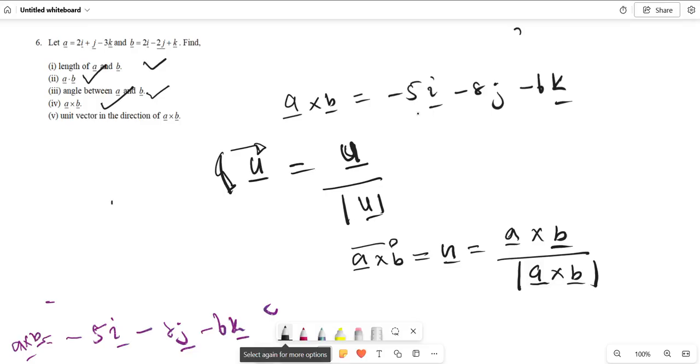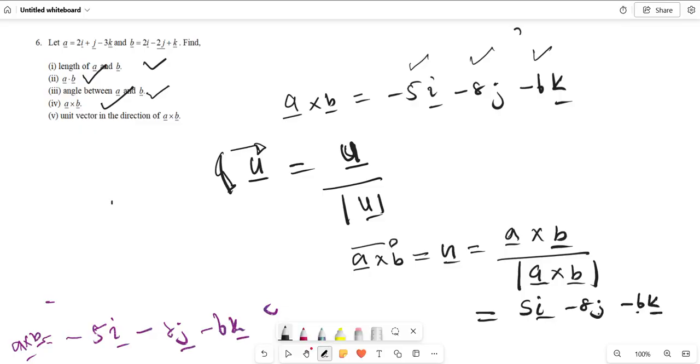For the magnitude of this vector, we square these things, and we get that, right? So anyway, what is this A cross B? We know that it is minus 5i minus 8j minus 6k.